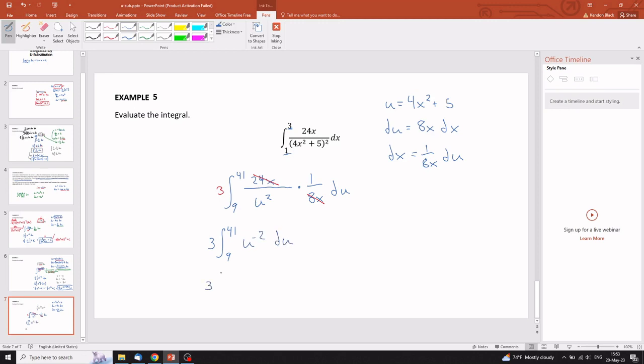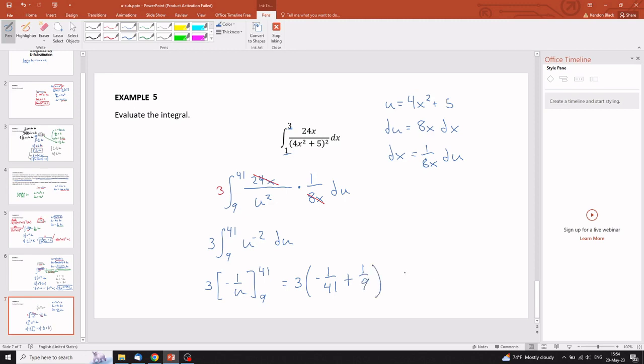So that's equal to 3 times negative 1 over u, from 9 to 41. So we get 3 times negative 1 over 41 minus negative 1 over 9.